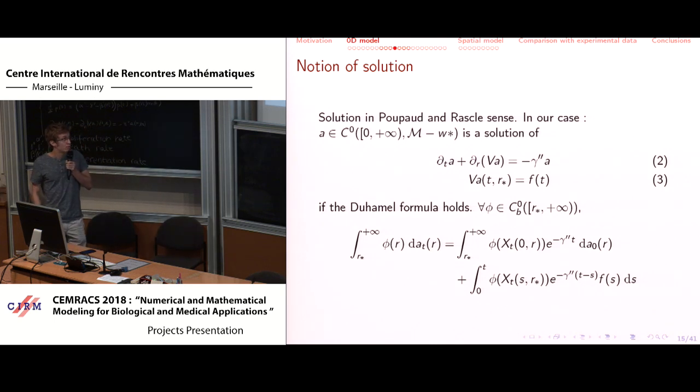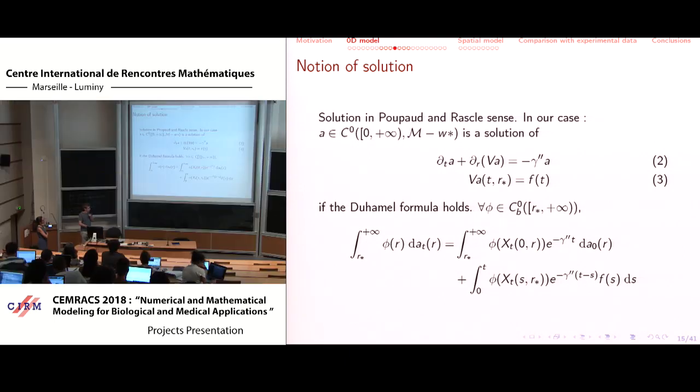This Duhamel formula can be understood if we say that a weak solution, in the case where we have a continuous velocity, verifies this formula. Since the product vA does not appear anymore in the formula, we can generalize it to our setting.